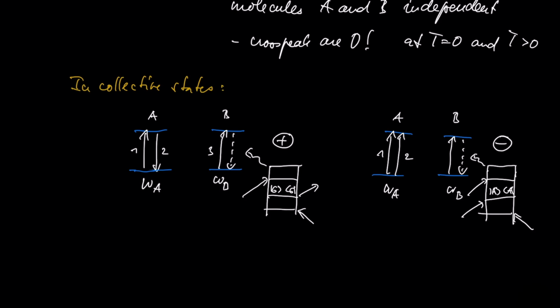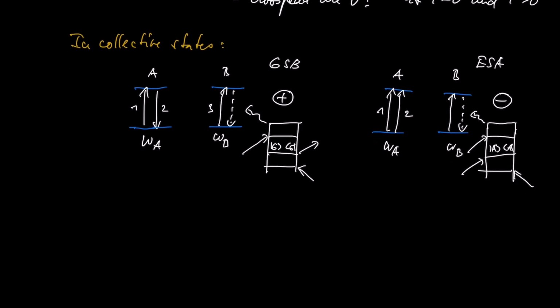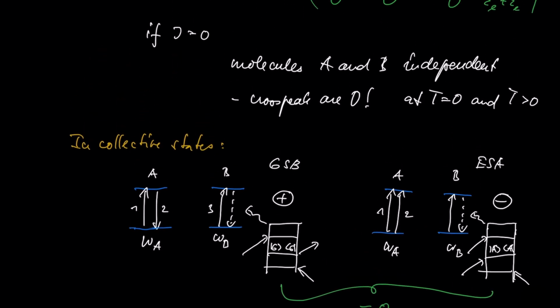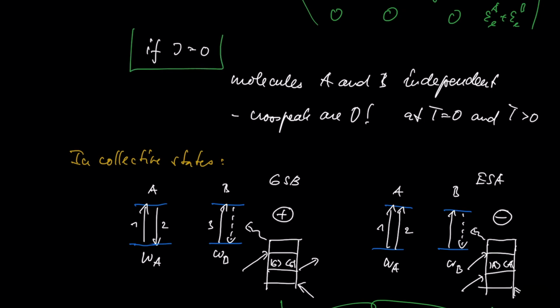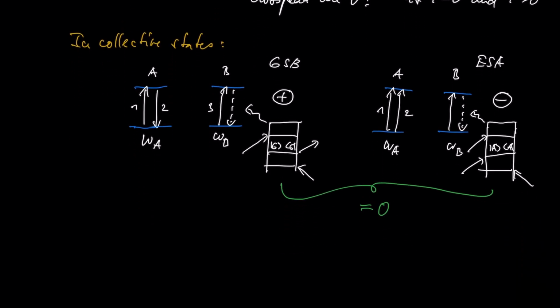We have two arrows in the first case with the ground state bleach, and we have just one arrow in the excited state absorption situation. So there is a minus sign, and these two signals that would give us a cross peak, they equal to 0 together. So this is what happens in the collective states if there is no coupling. So this is the situation of J equals 0.